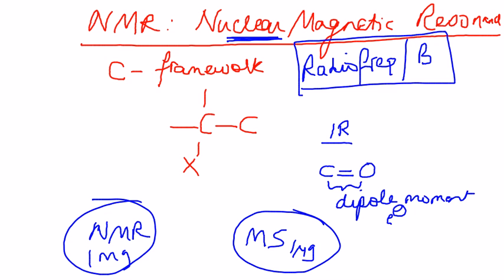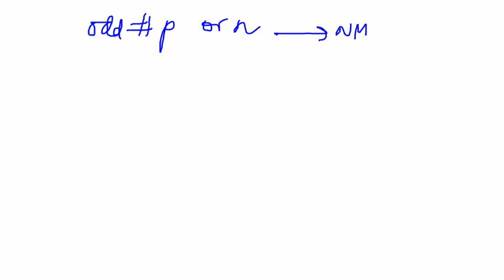Now, one might ask, what kind of nuclei will give you an NMR signal, or is it that any and every nucleus should give you an NMR signal? And the answer to that is those particular isotopes of elements which either have an odd number of protons or an odd number of neutrons, they will be NMR active.